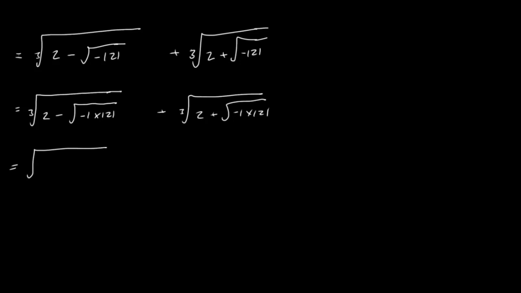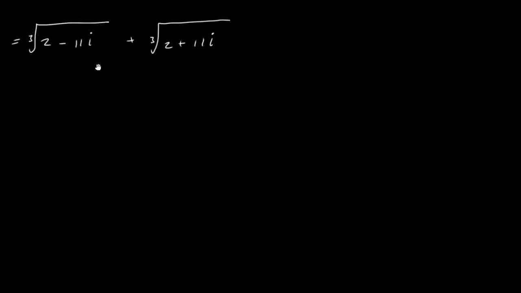So we have the cubed root of 2 minus, well, the square root of minus 1 is i, and the square root of 121 is 11, so we end up with 11i here, minus 11i here. And over here we have the cubed root of 2 plus 11i. Okay, so we need to deal with these two complex numbers here.